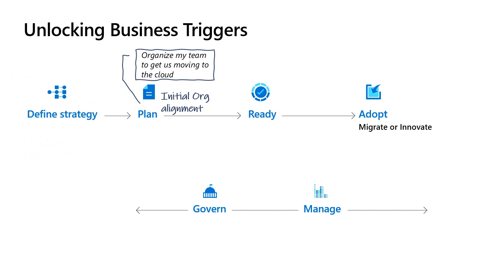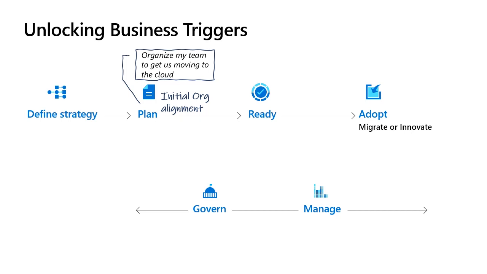Now, another question would be, how do I organize my team to get us moving to the cloud? So, for example, I'm a CIO, I have IT managers, I have an application development person, I have a person who runs my data center, and I have a network guy, and I have a security guy. I have all of these people in place. Now, I don't want to use the word reorganization, but how do I organize this team and my organization to make sure that we get to moving to the cloud quickly?